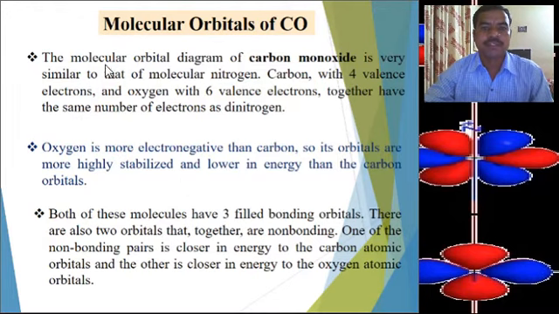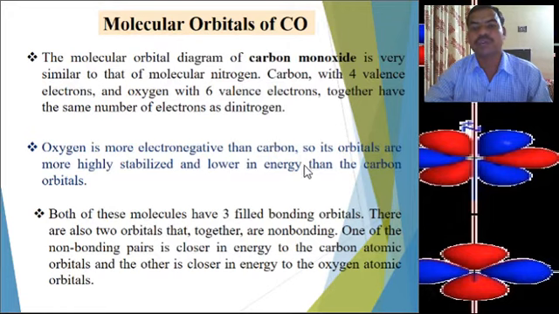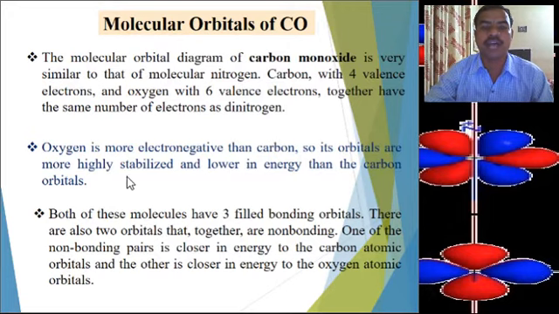The molecular orbital diagram of carbon monoxide is very similar to that of molecular nitrogen. Carbon with 4 valence electrons and oxygen with 6 valence electrons together have the same number of electrons as dinitrogen. Oxygen is more electronegative than carbon, so its orbitals are more highly stabilized and lower in energy than the carbon orbitals.